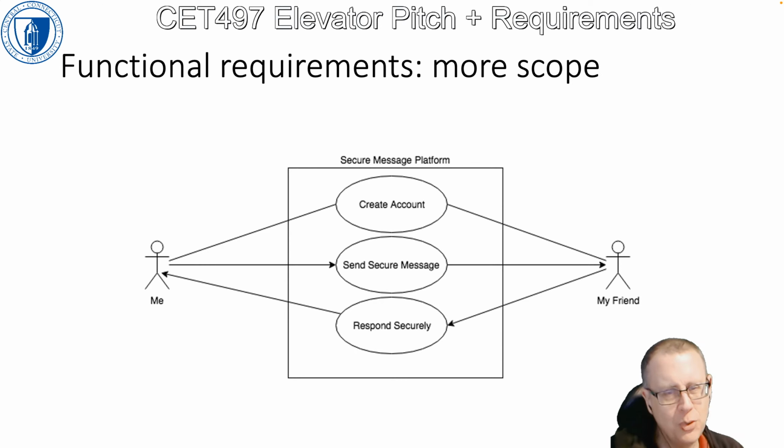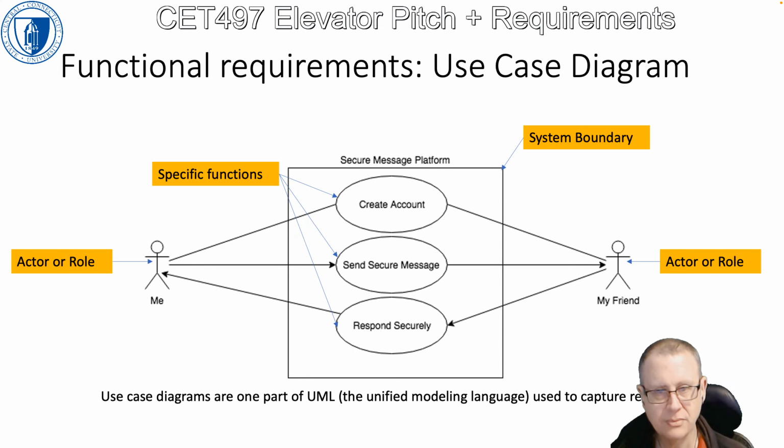And again, this new use case, create account, has a verb in it, create. Okay, and there's just labeling of the pieces. The system boundary, the actors or roles, and the specific functions.